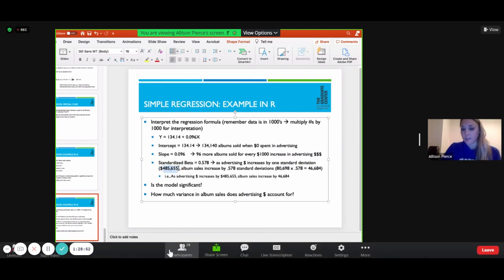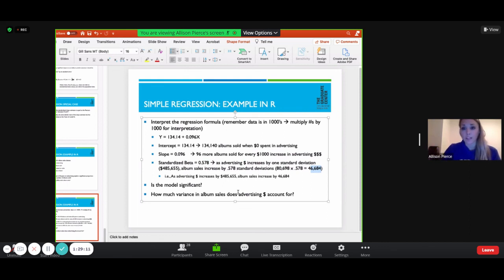So here it's 485,000. Album sales increase by 0.57 standard deviations. And so album sales times your standard deviation times 0.578. So this tells you that album sales increased by 46,000.